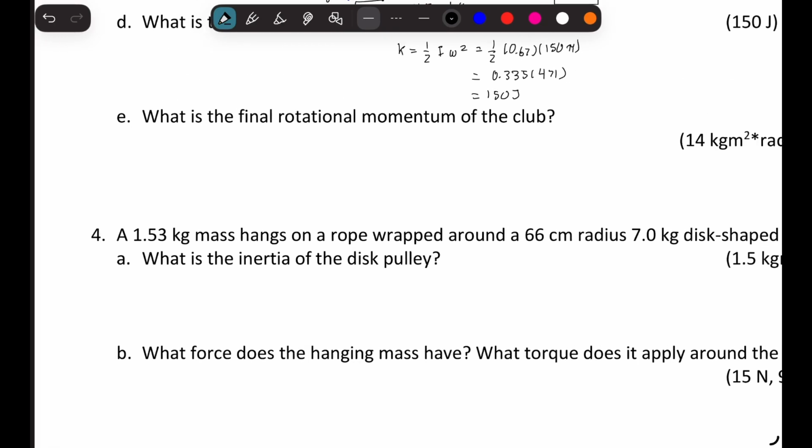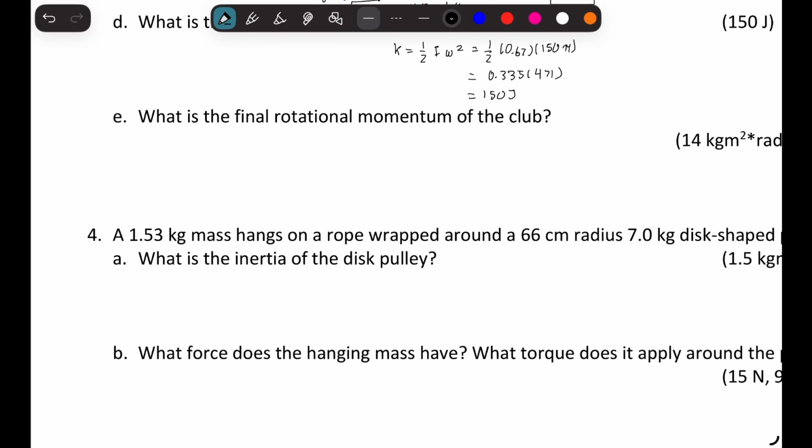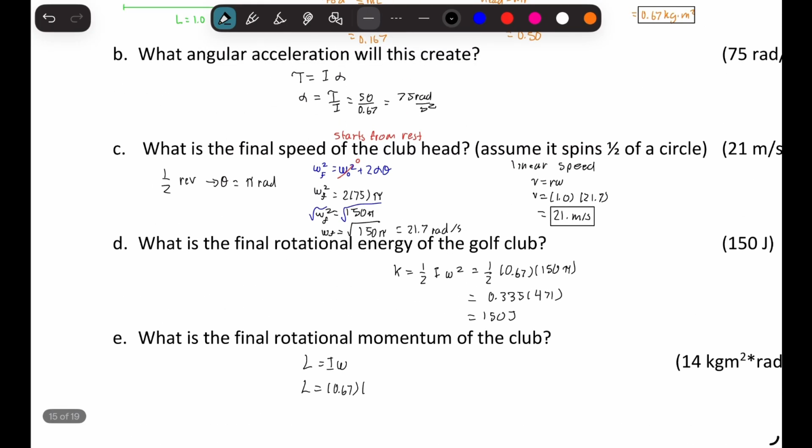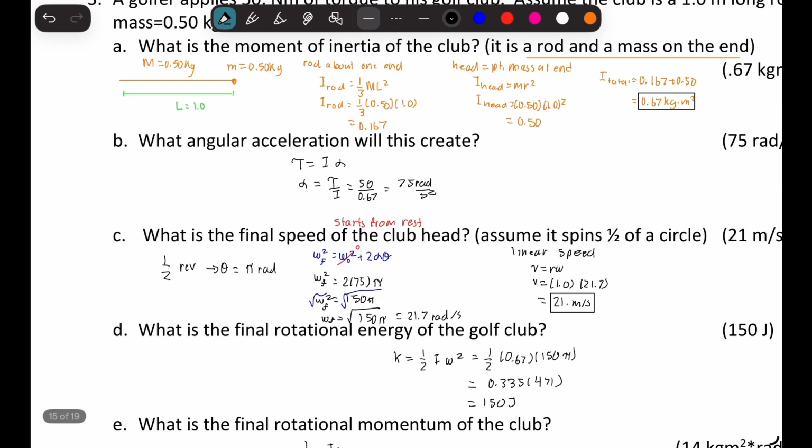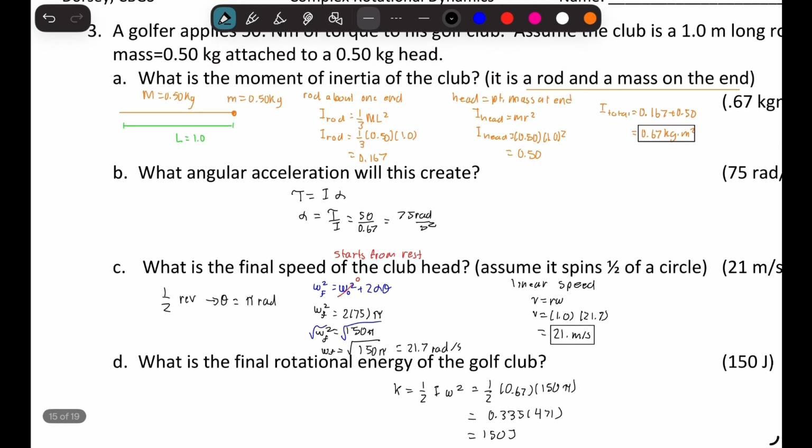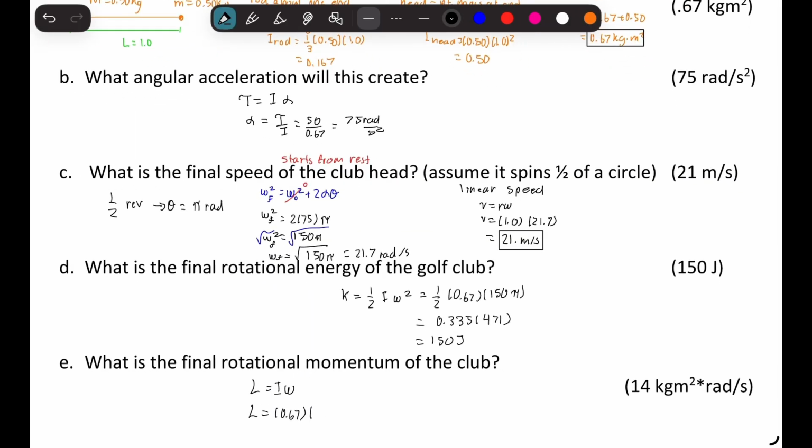Now, what is the final rotational momentum of the club? So angular momentum is equal to moment of inertia times omega. So L is going to equal 0.67, which we found, and omega we found, we know it's 21.67.